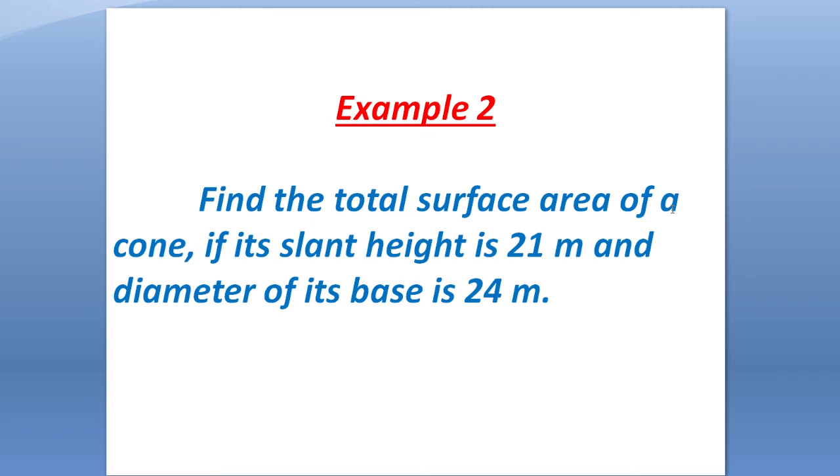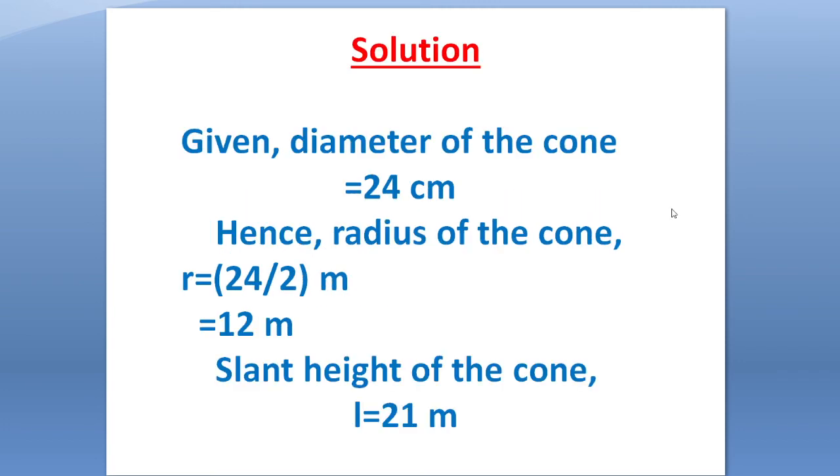So here also the slant height L is given, but here we have to find the total surface area, not CSA but TSA. So given the diameter of the cone is equal to 24, hence the radius of the cone r is equal to 24 by 2 meter.